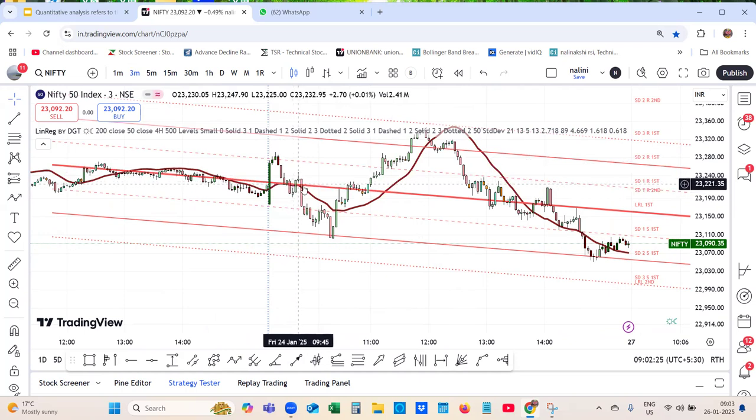When price started moving below the best fit line for this data, that is an indication of weakness. So you understood the trend properly in the market.